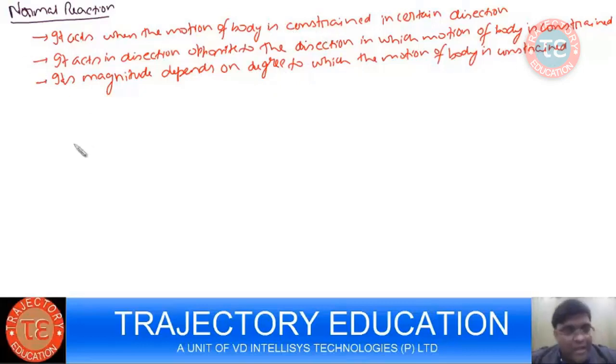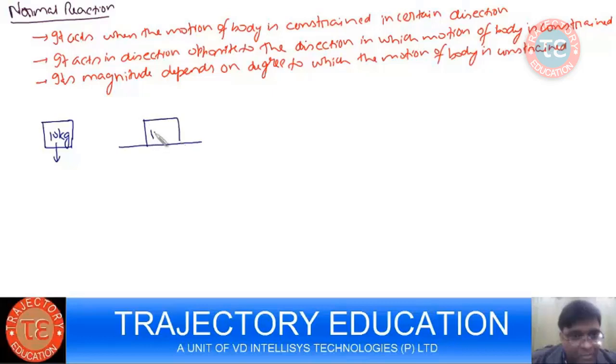To explain this, I'll take an example, right? Only by example I can explain this. Suppose we have a body of mass, say not m, say 10 kg, falling freely under gravity. Now I have a body of same mass 10 kg kept at rest on the surface.